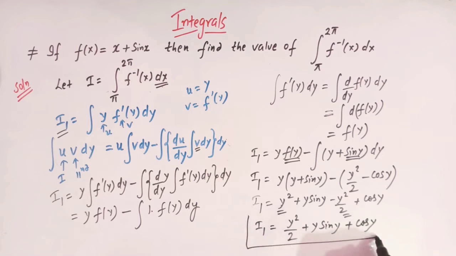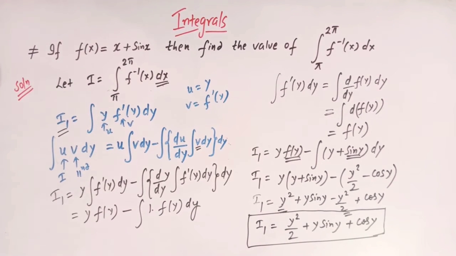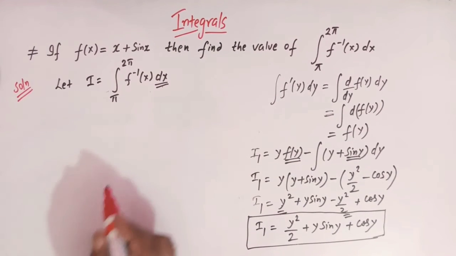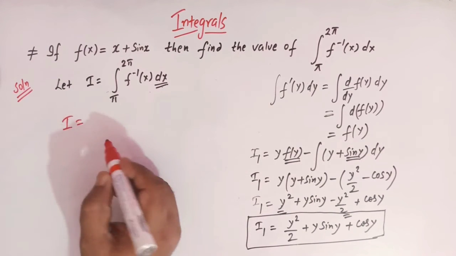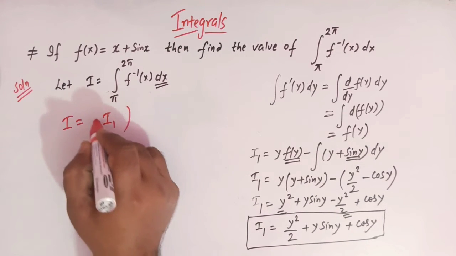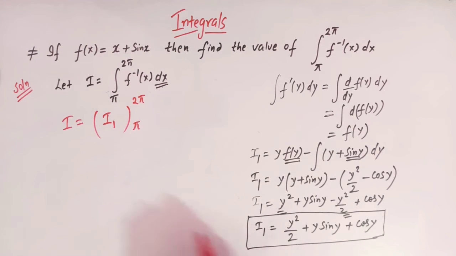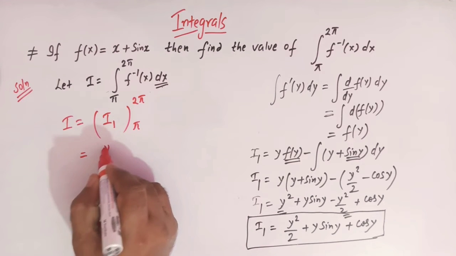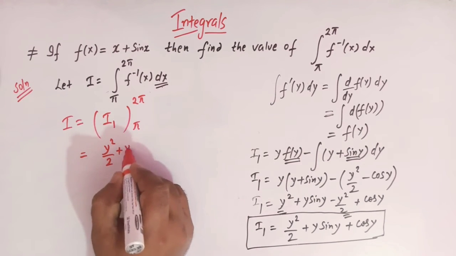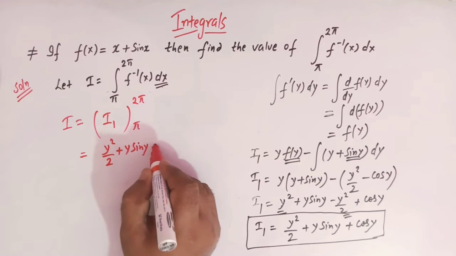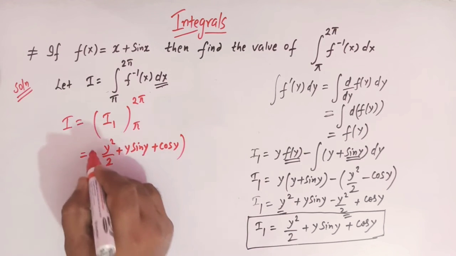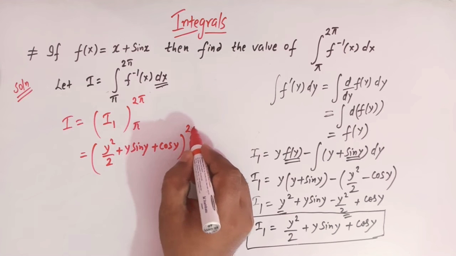So now we have got the indefinite integral I1 as y square over 2 plus y sine y plus cos y, right? So now let us write I as I1, and the limits are from pi to 2 pi, right?